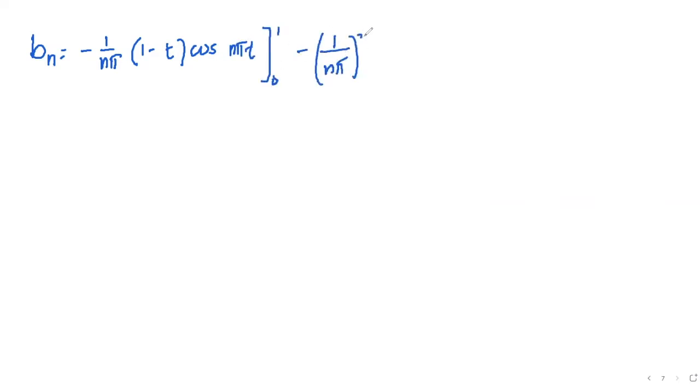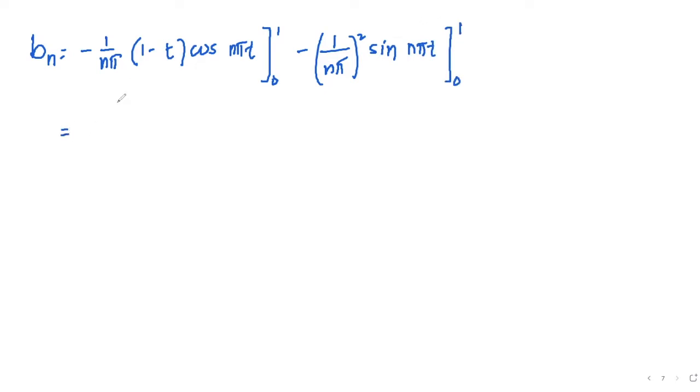The pairing is u times v minus u times v in that column. So our b sub n is equal to negative 1 over n pi times 1 minus t cosine of n pi t with limits from 0 to 1 minus the next factor or product is 1 over n pi squared times sine of n pi t with limits from 0 to 1.